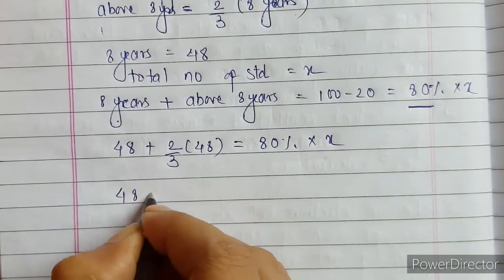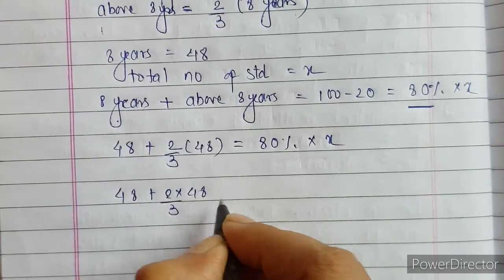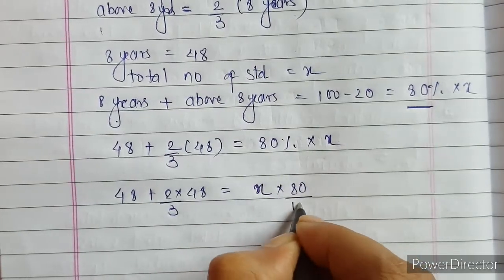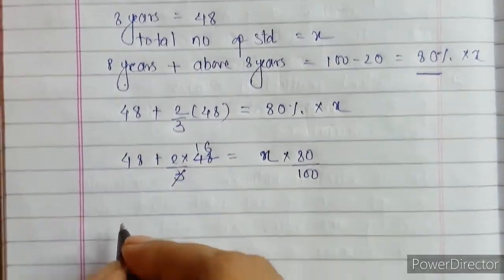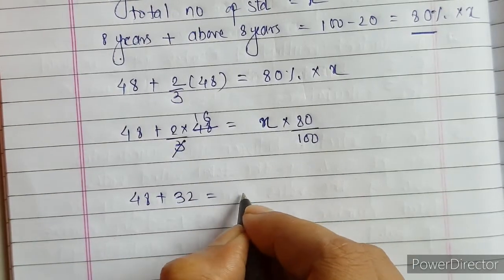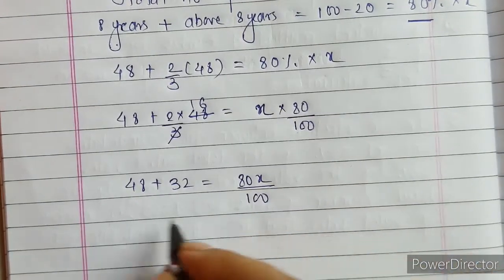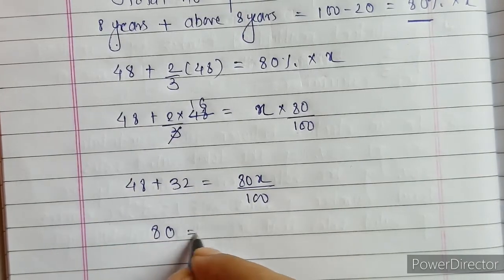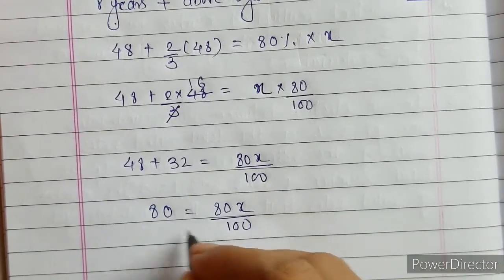So here we have 48 plus 2/3 into 48, which is equal to 80% of the total number of students. That is, 48 plus 32, which is equal to 80% of the total number of students. Now this 80, which is equal to 80x by 100.